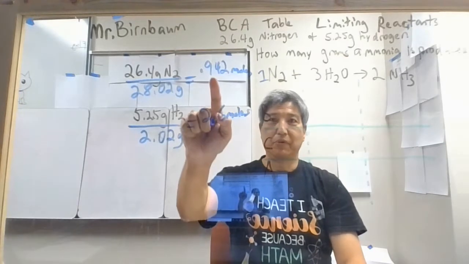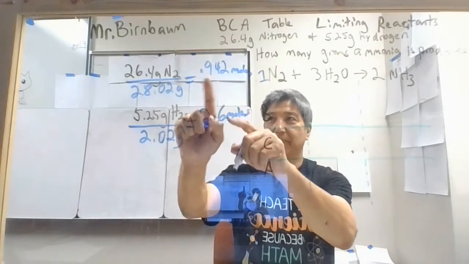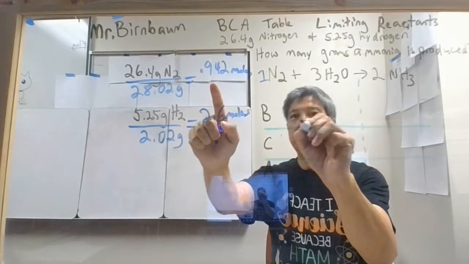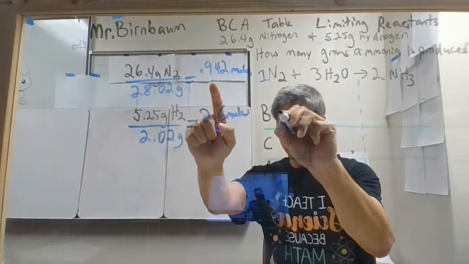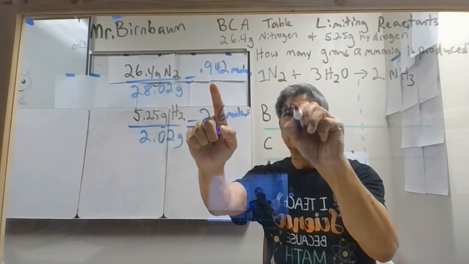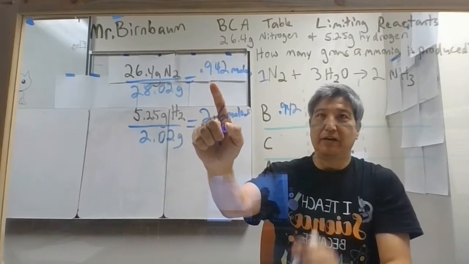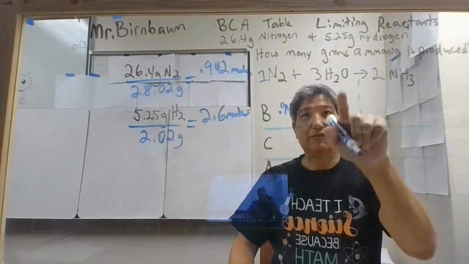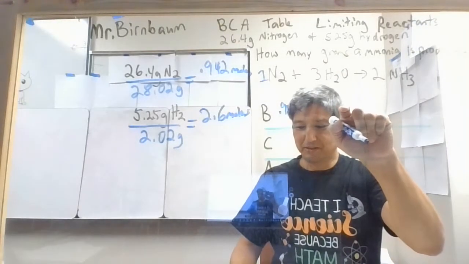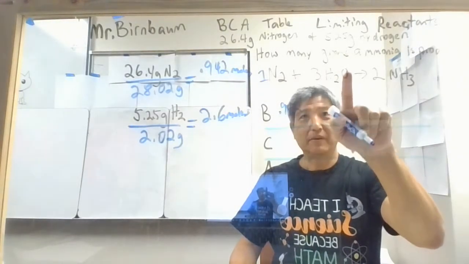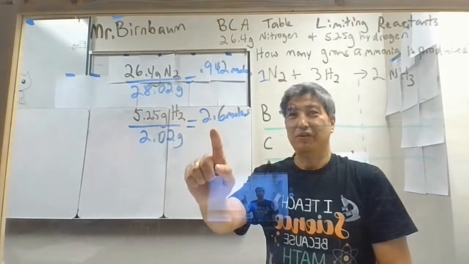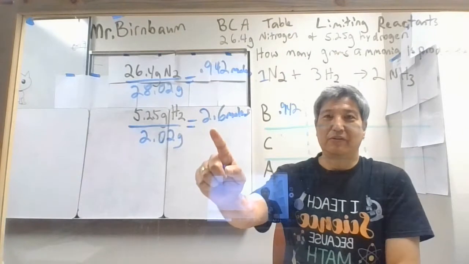So now I'm going to put the 0.942, and this is nitrogen, so I'm going to put it in the N2 column for the before. And then for the H2, I'm sorry, that should be H2, not water. So H2 is going to be 2.6 moles.